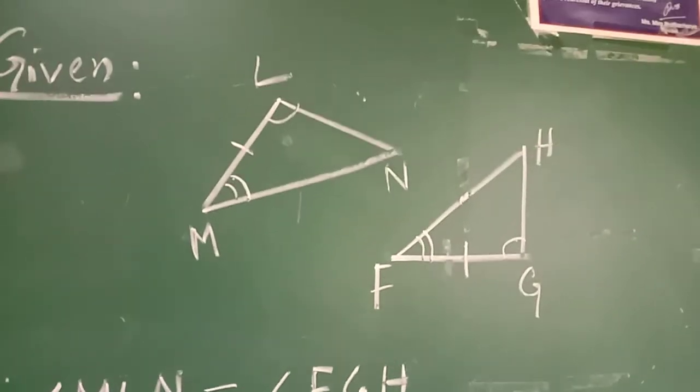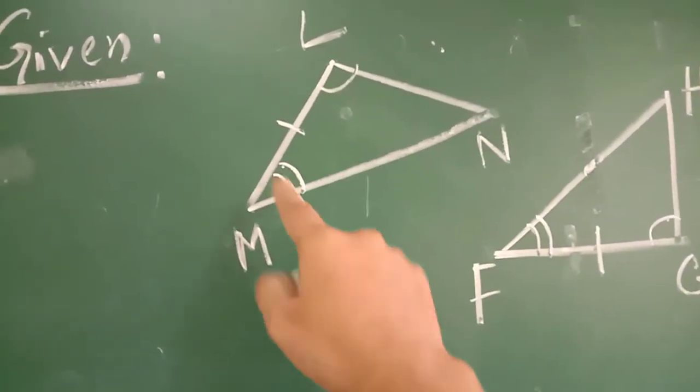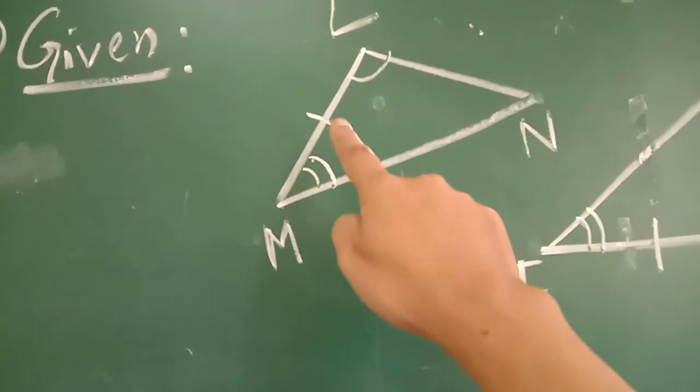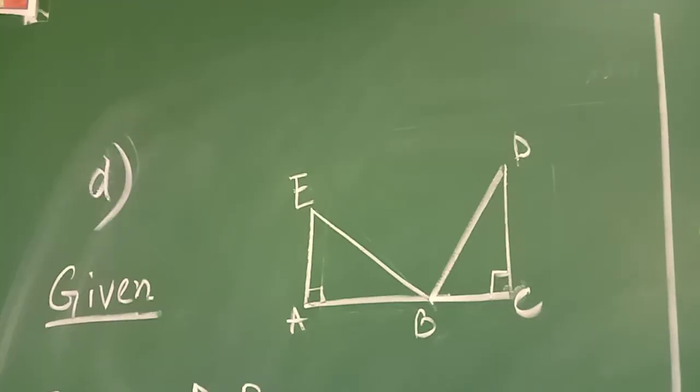That means which criterion? Yes, angle, side, angle criterion. So what will you write? You can write ASA criterion. Understood?